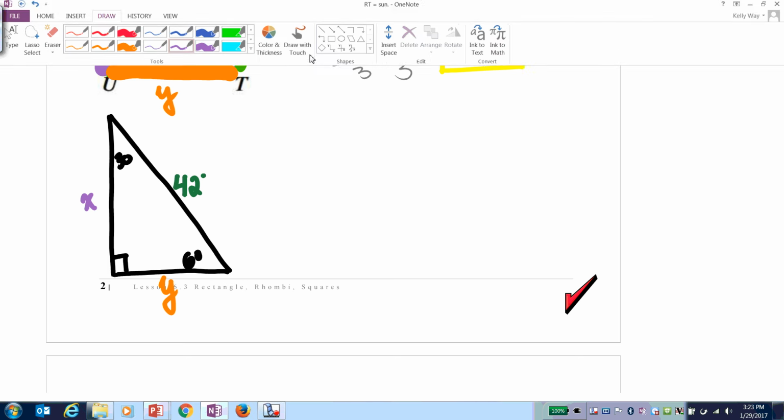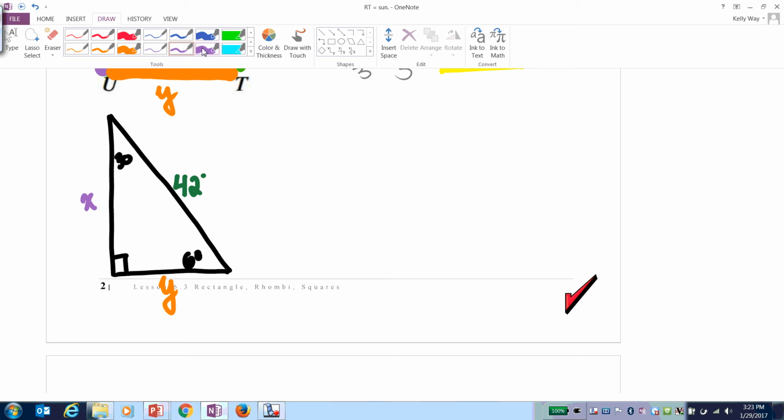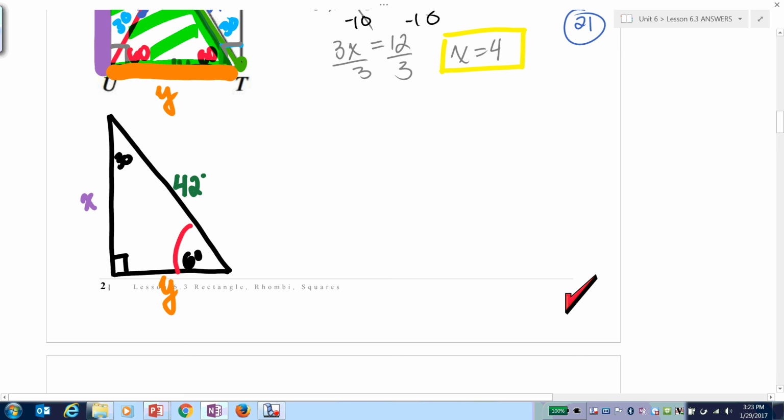It doesn't matter. I'm going to choose the 60, and we're going to work from there. Let's label. If 60 is the one we're working with, that would make this the opposite, this the adjacent, and this the hypo.